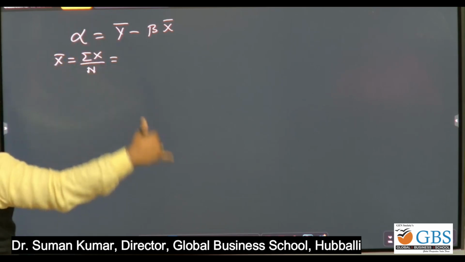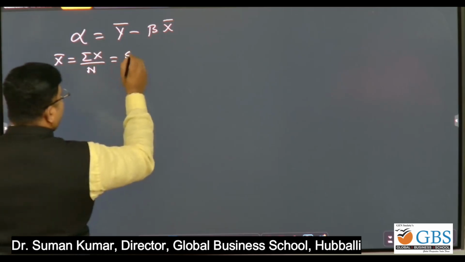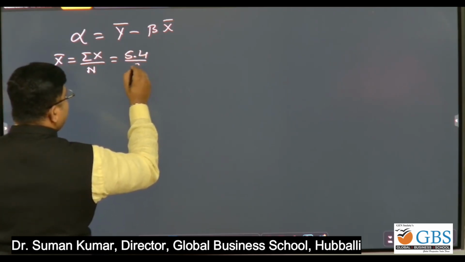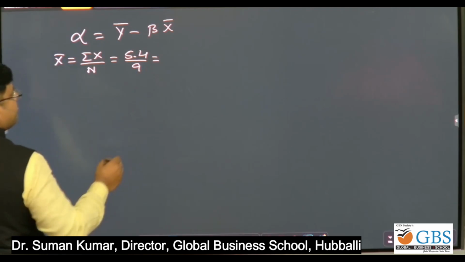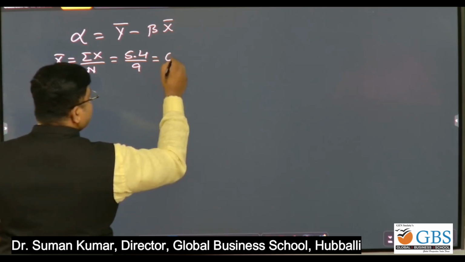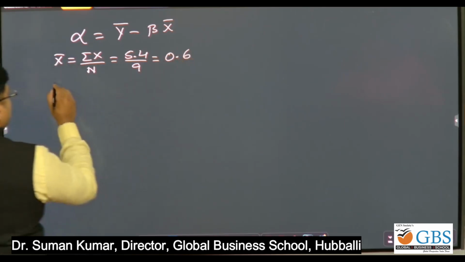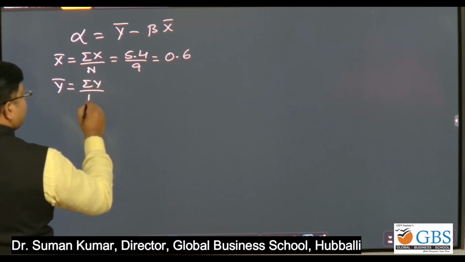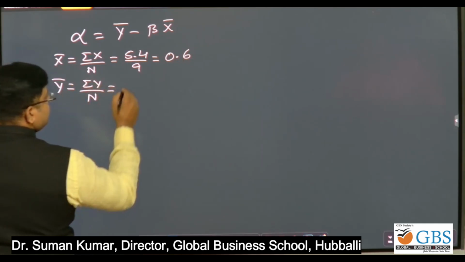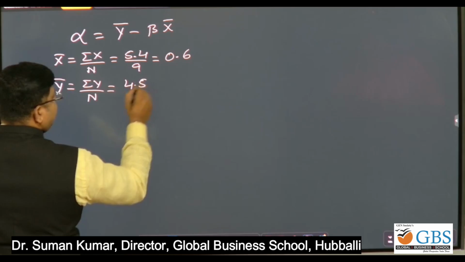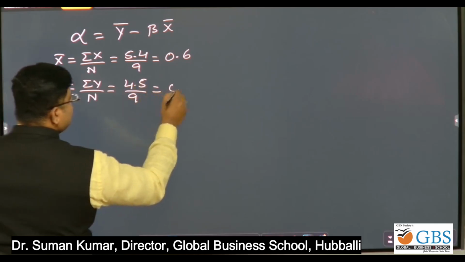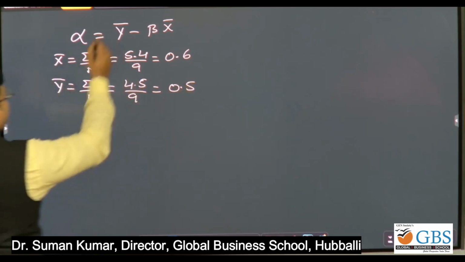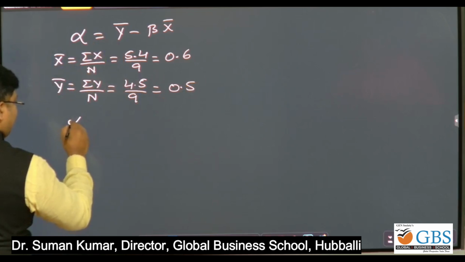Summation x, the total of x, is 5.4 divided by 9, the answer is 0.6. Y bar is summation y upon n, 4.5 upon 9, 0.5.